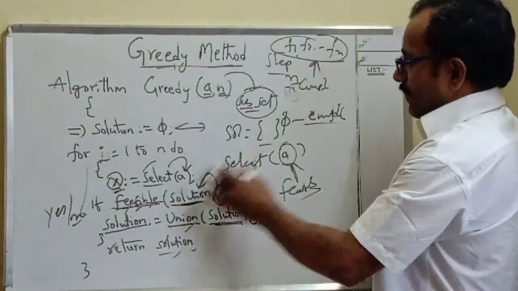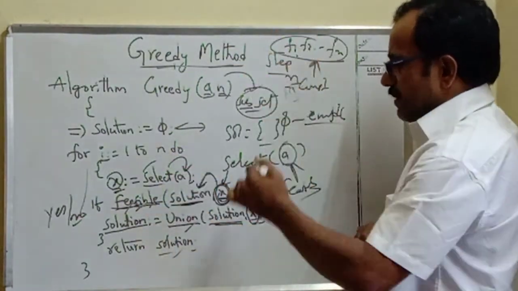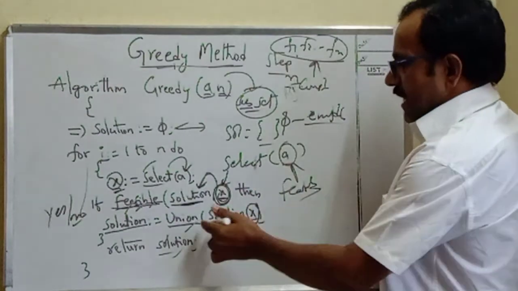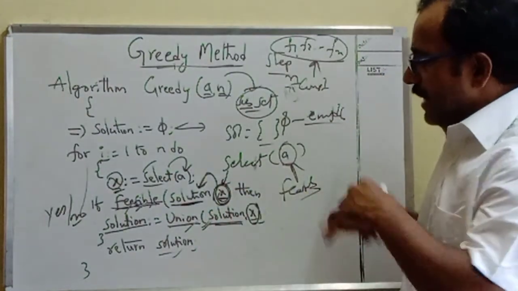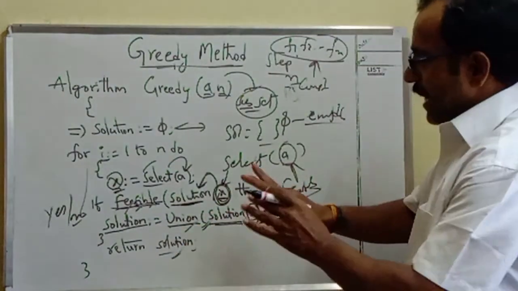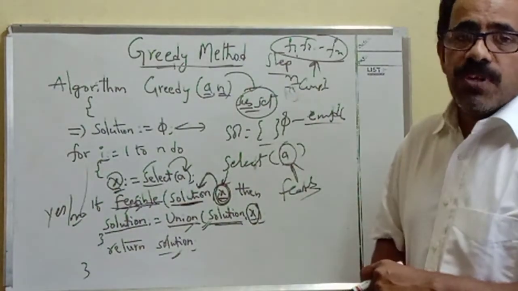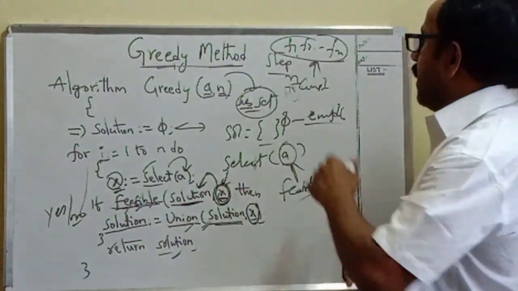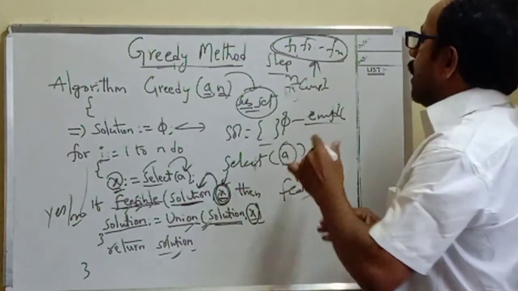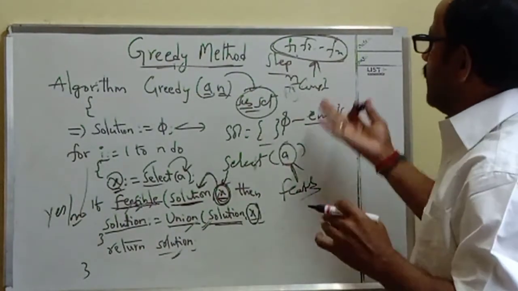Once those elements are possible and satisfy the constraints, every time we update the solution, and finally we return the solution and say that this is a possible or feasible solution for the problem. Like that, we can construct all the feasible solutions.